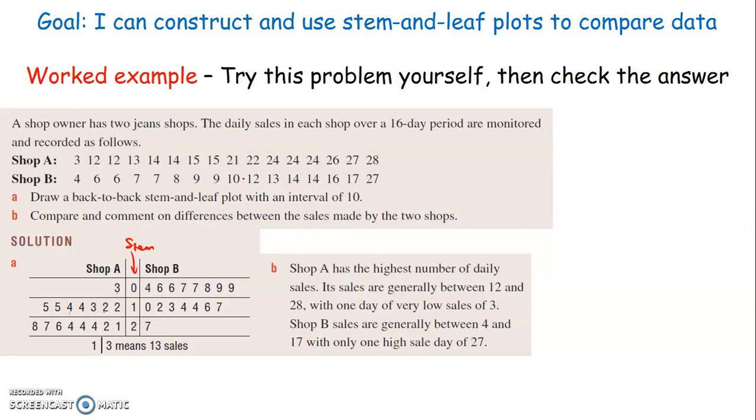For shop A, the majority of the sales are in the 10s and the 20s. So we can say that shop A would be a better shop at selling the jeans. So remember, we can talk about the lowest number, the highest number, and the general distribution.